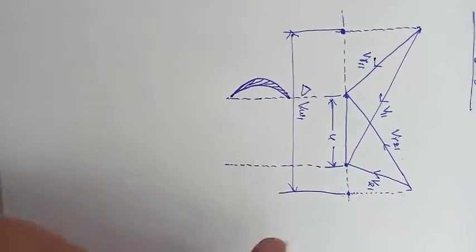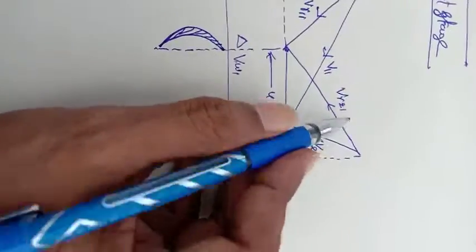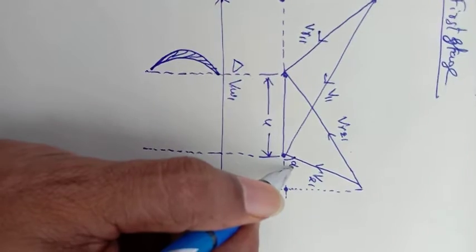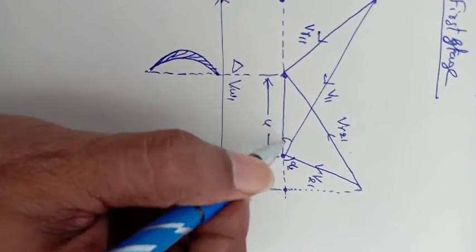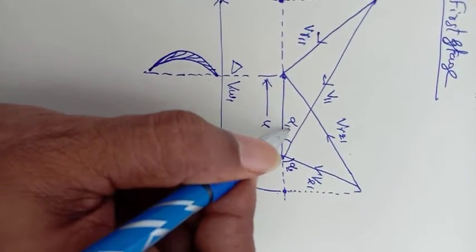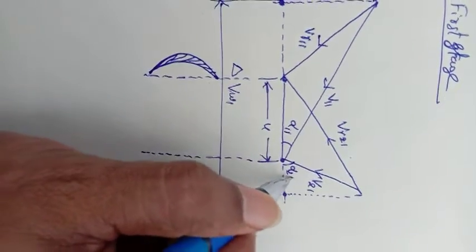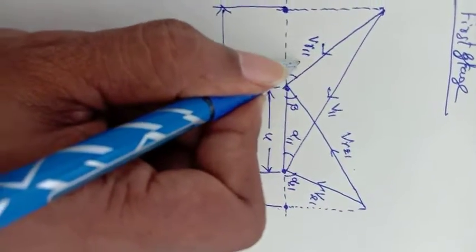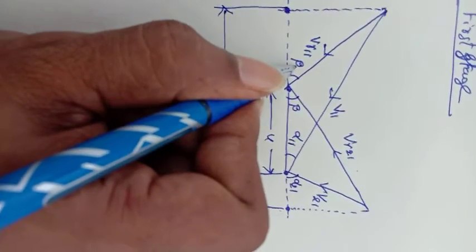So we are going to complete this one first. Now we know very well this is coming from alpha 2 and this is coming from alpha 1, the first stage. Now this is angle beta, this is angle beta 1.